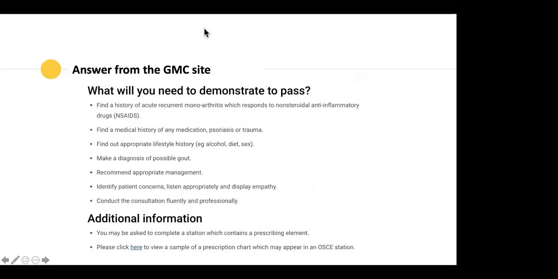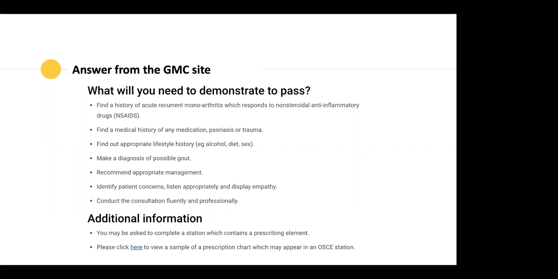So in terms of what the GMC site said they were looking for in this scenario, what they wanted for you to pass is to find a history of acute recurrent monoarthritis which responds to NSAIDs, find a medical history of any medication, psoriasis or trauma, find out appropriate lifestyle history, make a diagnosis of possible gout, and recommend appropriate management.